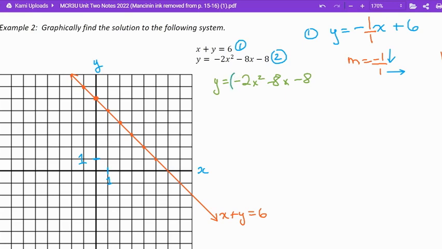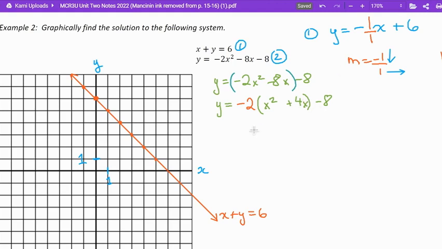So step 1 is draw a bracket around the 2x terms. Step 2, factor out the a value. So my a value is -2. What is left? x squared plus 4x. Next, take the b value, divide by 2, and square it.